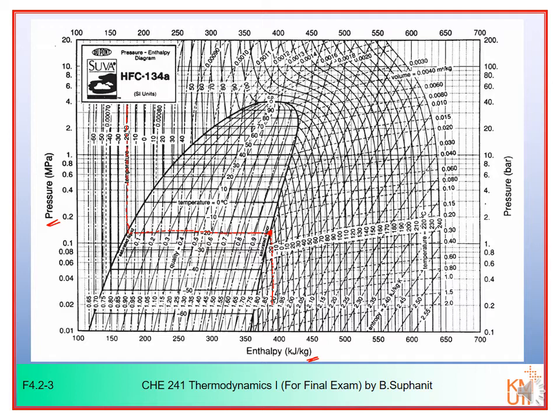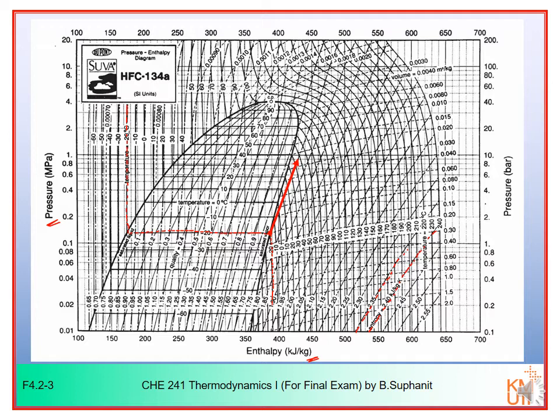Now in the first process, which is process 1-2, which is isentropic, it will follow an isentropic line. Isentropic line would be a line like this. Okay, you can see a constant entropy line. So process 1-2 would be following this line.